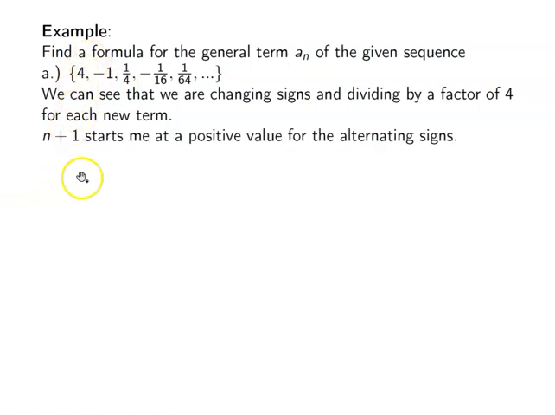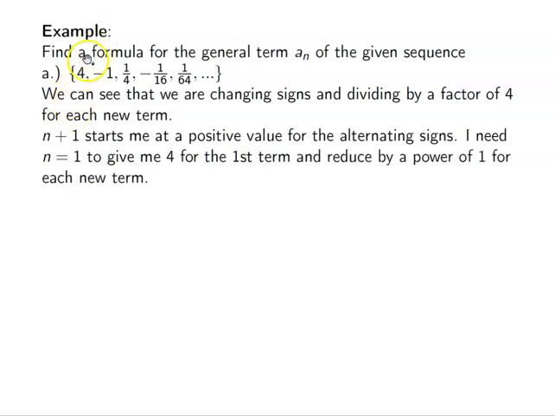Okay. So using n plus 1 will help me start at a positive and alternate signs. I know the denominator is increasing by a power of 4 every time, I should say, not a factor of 4. I guess it's actually the same thing. So I need n equals 1 to give me 4 for the first term, right? And then I need it to reduce by a power of 1 for each new term so that I can be dividing.